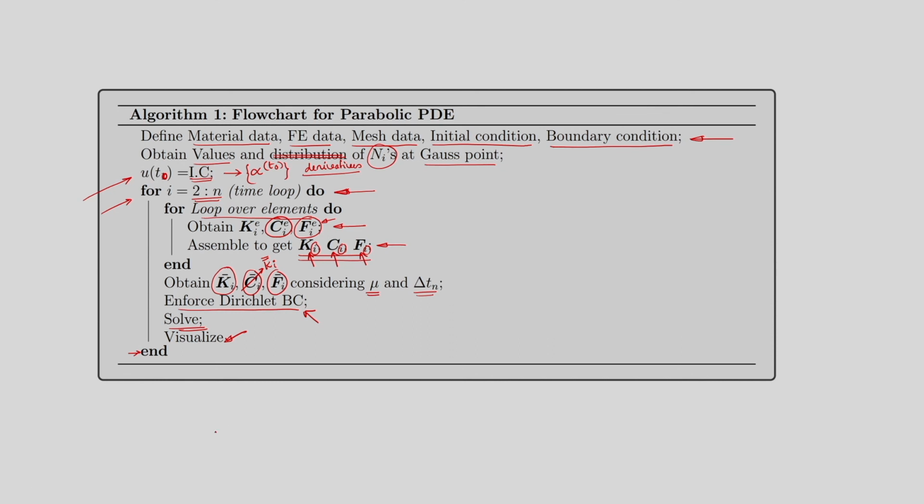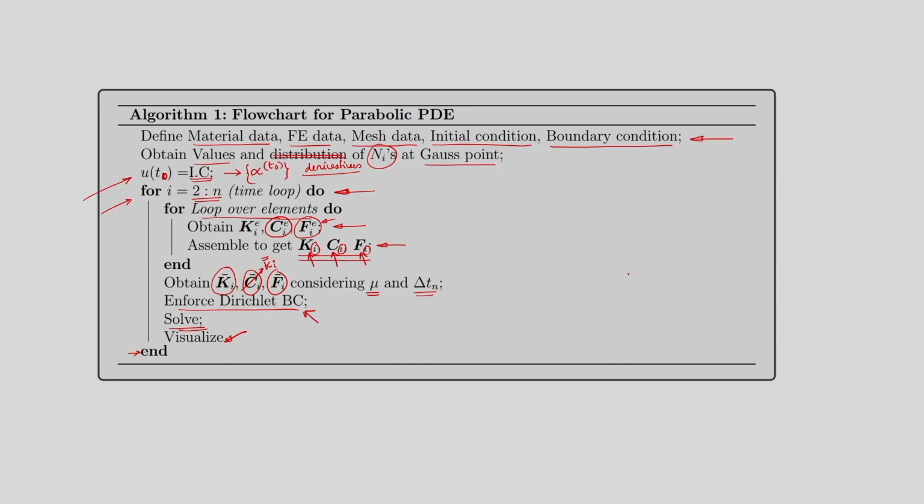So, with this I will open the code and discuss some details of how this can be incorporated for a very small problem. Here we have taken a small square domain.